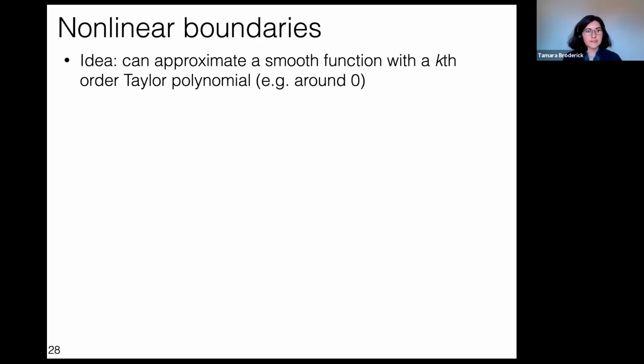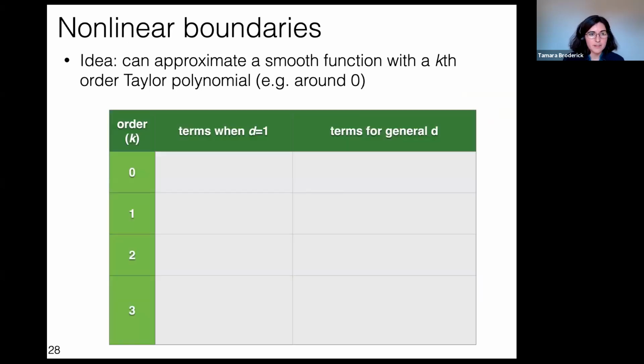So we just said, if I want a really general, smooth function, I can approximate that pretty well, especially within a particular bounded region, with a kth order Taylor polynomial. For instance, let's say it's around 0. If I was looking in one dimension, with my features only existing in one dimension, recall that the 0th order Taylor expansion is basically a constant, or a constant times 1.